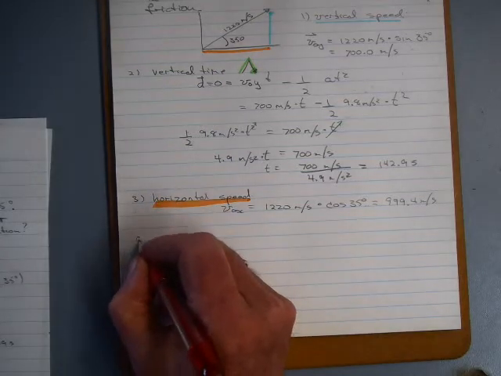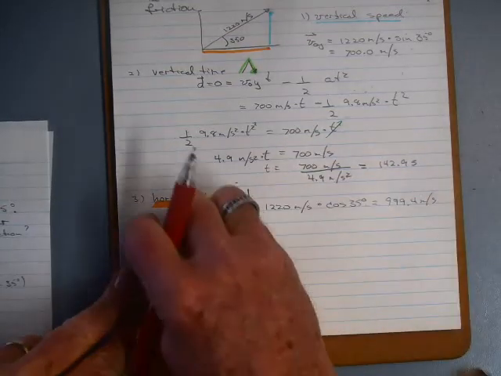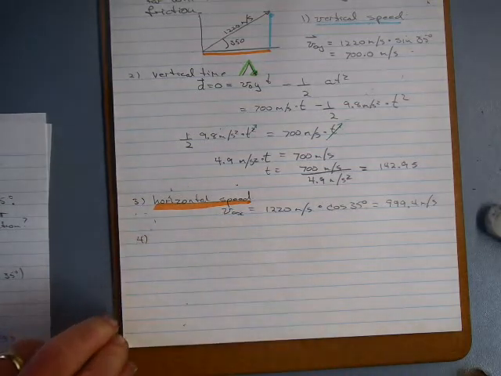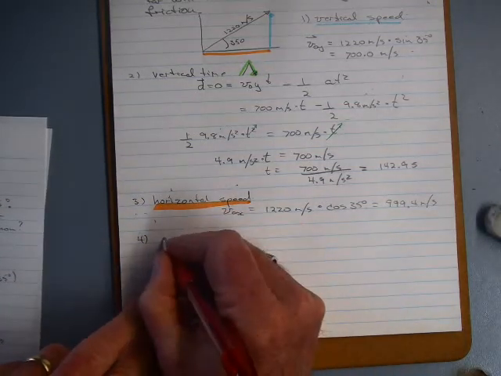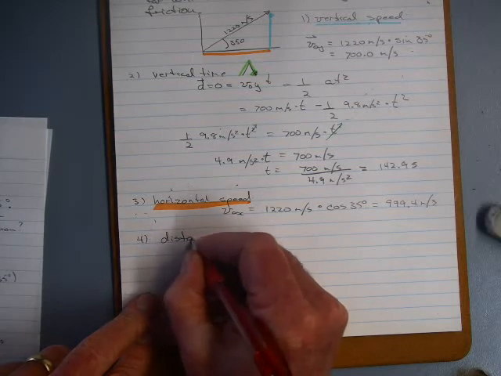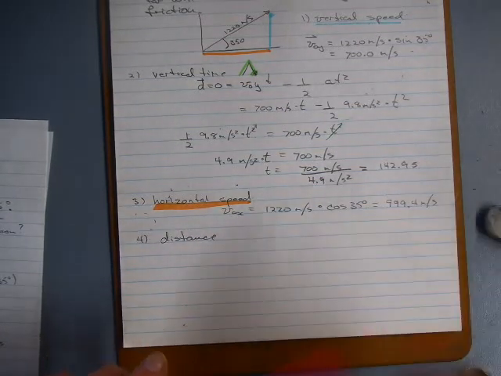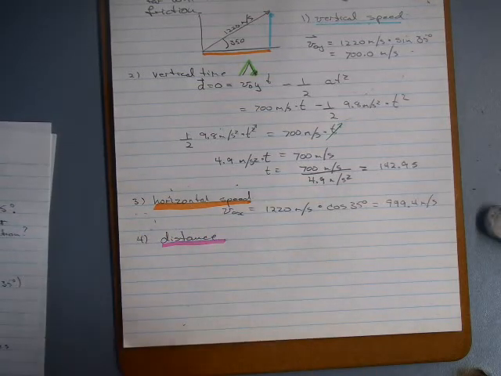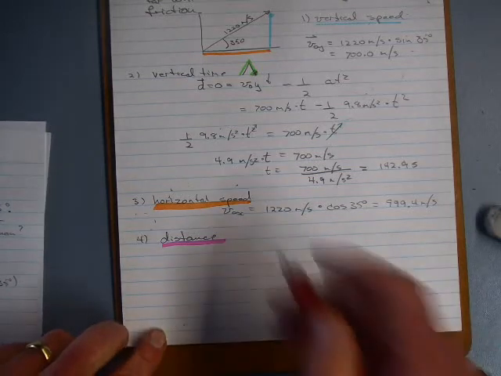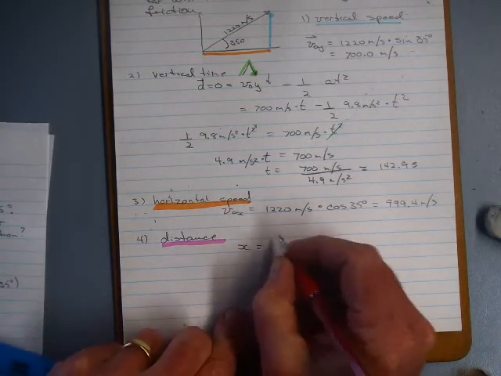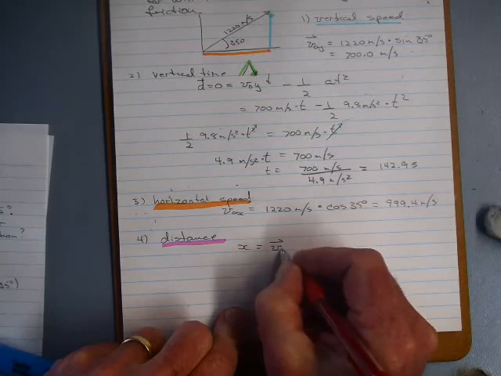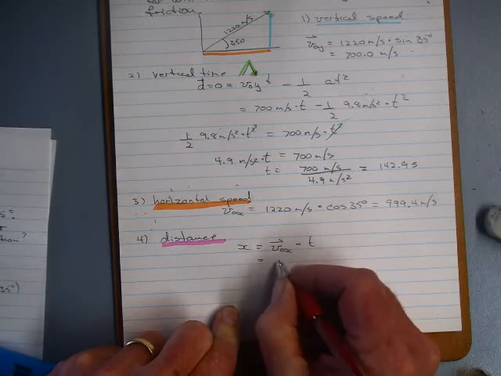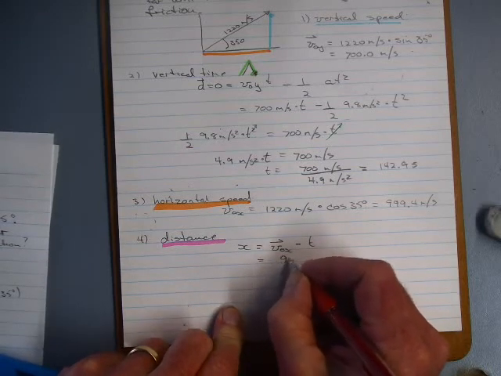Distance, therefore, oh, I'm sorry. It should be an x, not a D. x equals Vox times T, which is equal to 900.